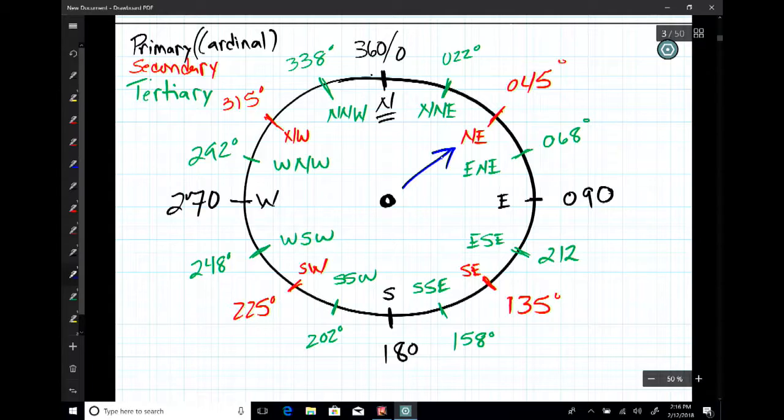Then as you progress around the compass rose, if you add 45 to each cardinal, you get your secondaries. So if you add 45 to 090, you get 135. If you add 45 to 180, you get 225. If you add 45 to 270, you get 315, right? So those are your secondary directions. Northeast, southeast, southwest, northwest. Good so far.